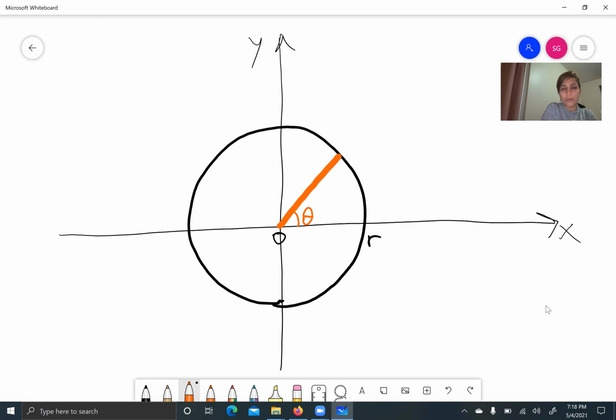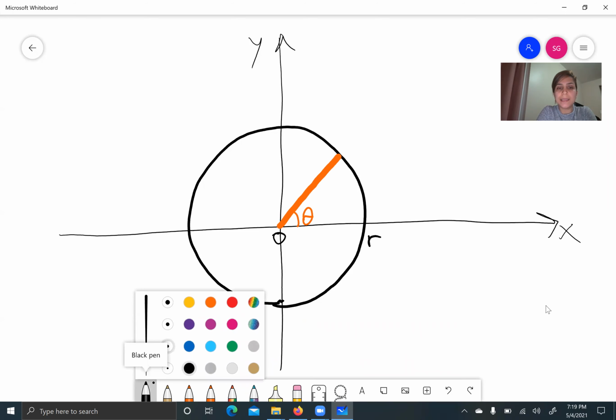Every time that you show an angle and draw the angle using a circle, it determines a specific, unique point on the circle.